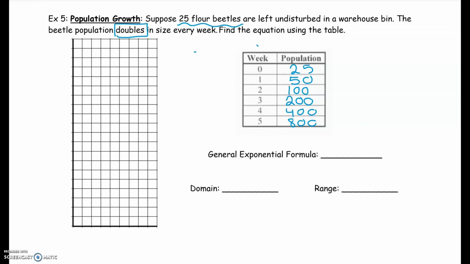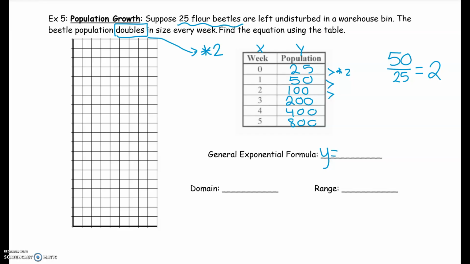Okay, so these are my x's and these are my y's. So how did this change? How did I go from 25 to 50 and 50 to 100? Well, we can take that second value, divide it by the first value, and we're going to see that every single time we're going to multiply by 2. Well, doubles means multiply by 2.